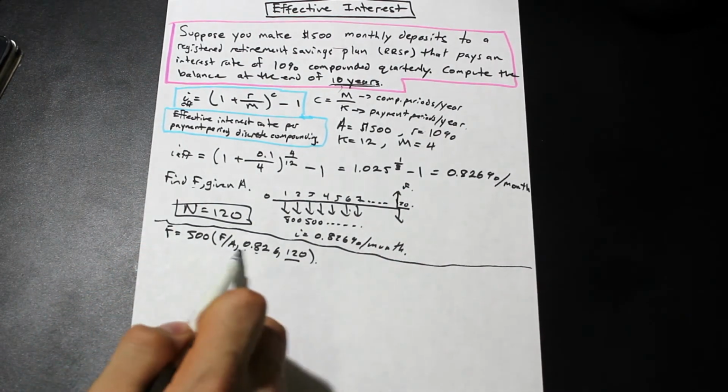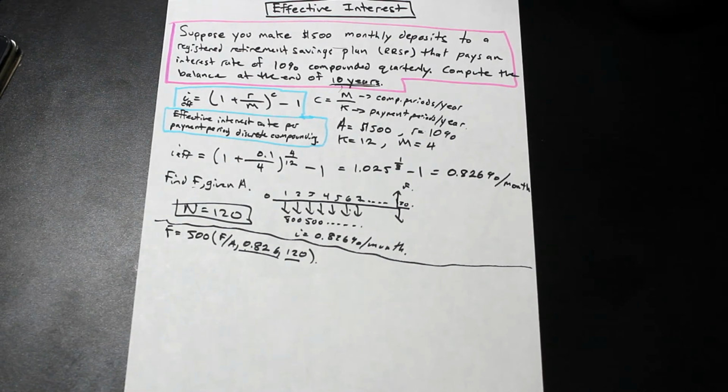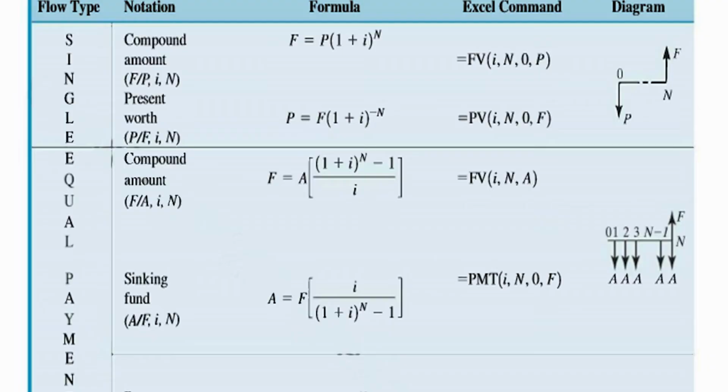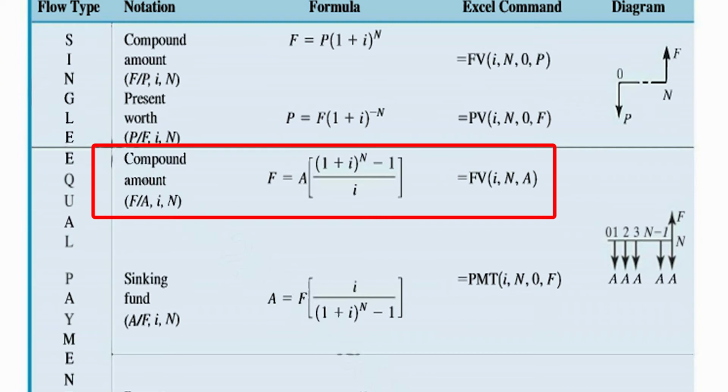If you ever get an interest rate that doesn't have an interest table for it, so you can't just go to the table, you're going to need to apply the formula that is on the formula sheet. If you take a look, it's on the screen now. We're going to take a look at the compound amount F given A formula, and I'm going to write that down.